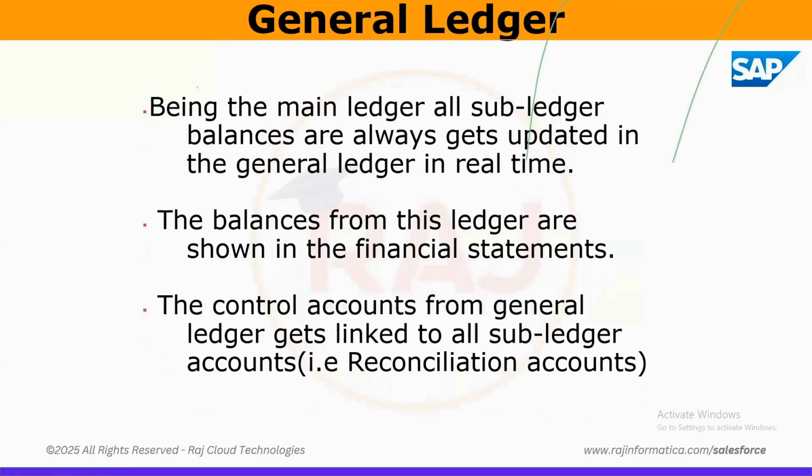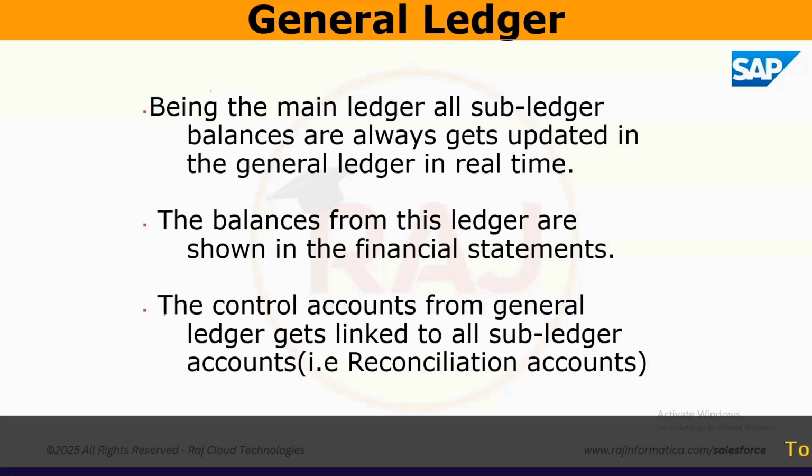Those financial statements need to be generated from the GL. We represent the GL balances in the actual balance sheet and P&L accounting. So the balances from these ledgers are shown in the financial statement.